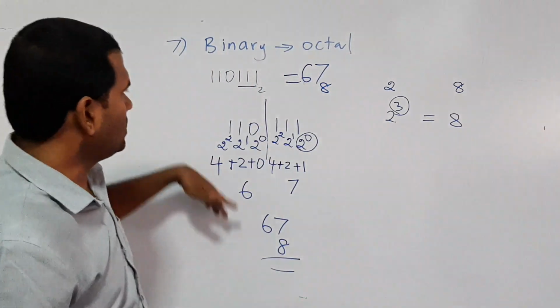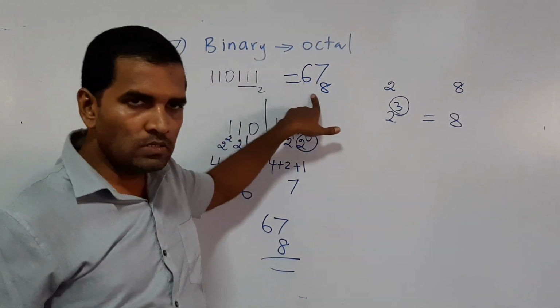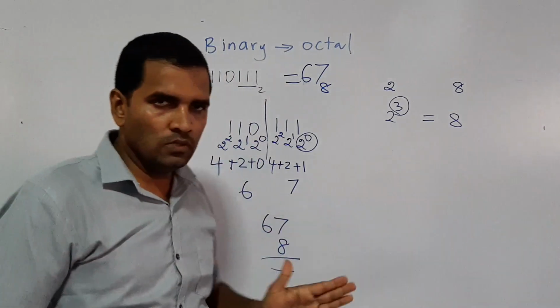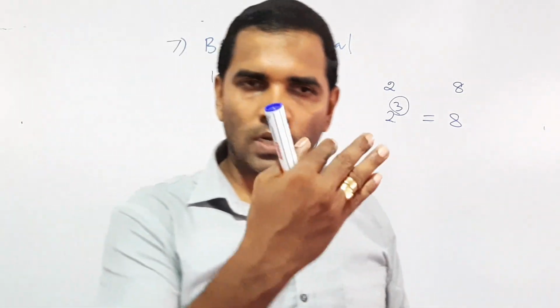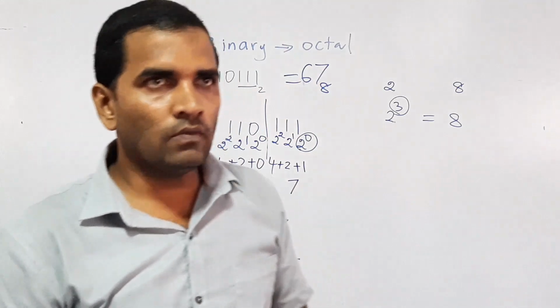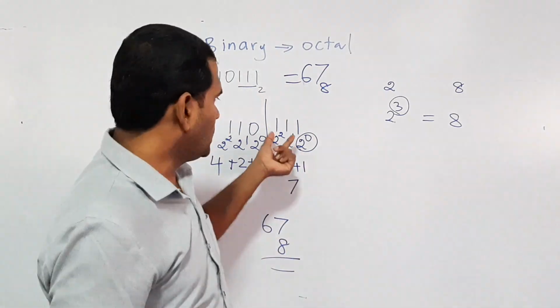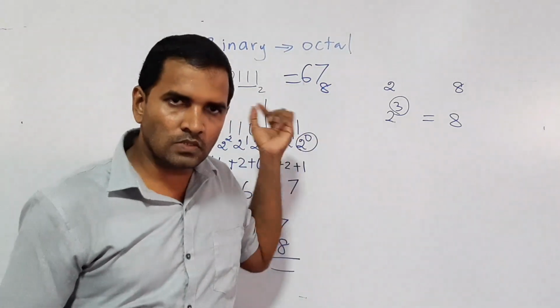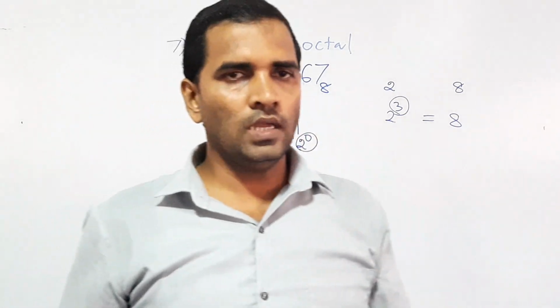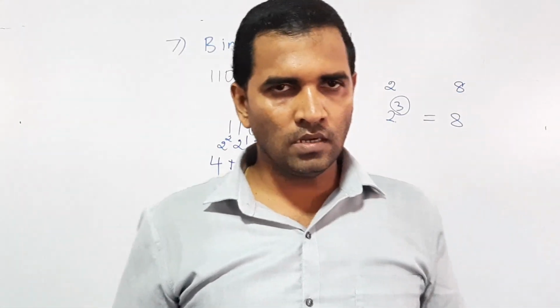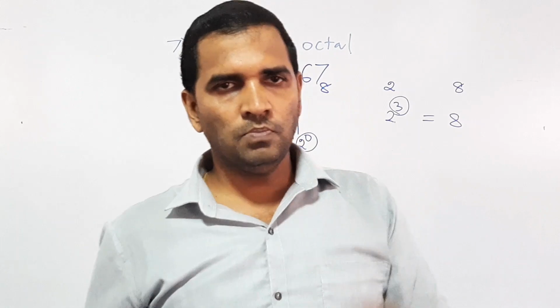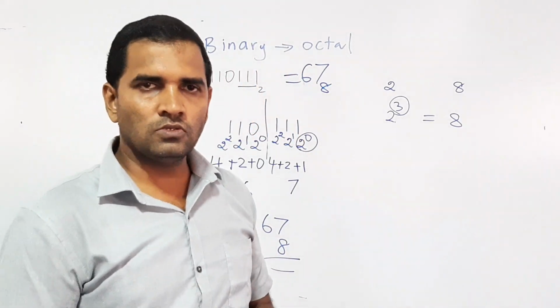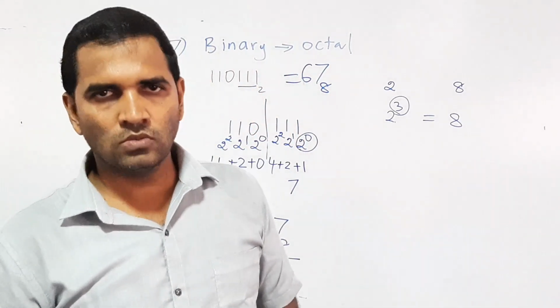So check that again. To convert a binary number into octal, first of all, divide your binary number from the right side to have 3-bit groups. The reason for having a 3-bit group is that 3 binary digits are needed to represent or to show one octal character.